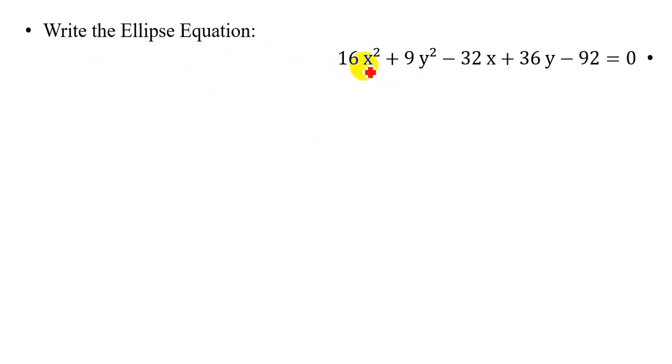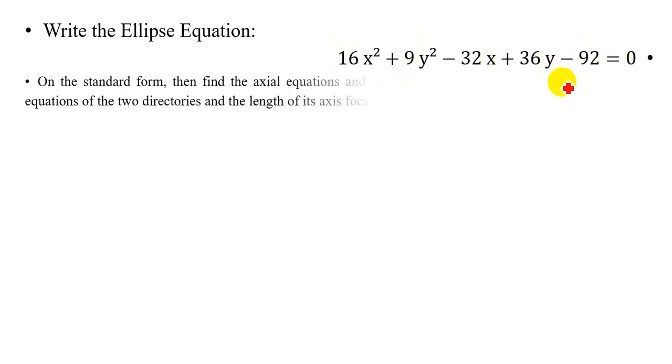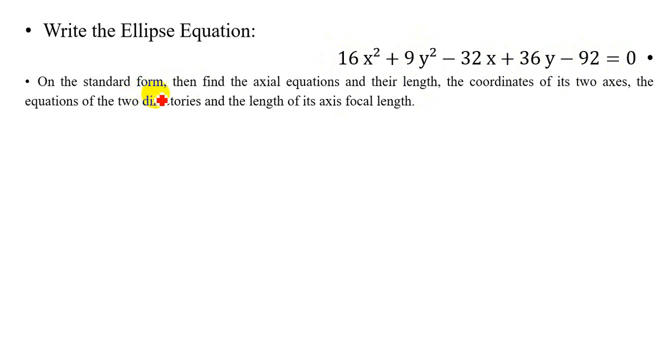So we have 16x squared, 9y squared and so on there. We convert it to the standard form, and we find the axial equations, their lengths and the coordinates of its axes, the equations of the directrices, and the length of each focus.